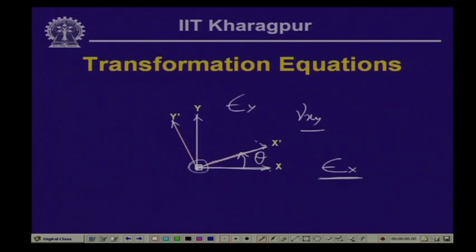Will they still be epsilon x, epsilon y, gamma x y, or will they be different?